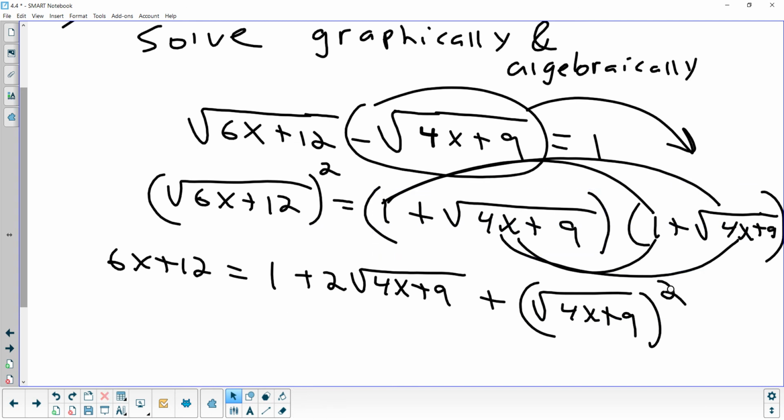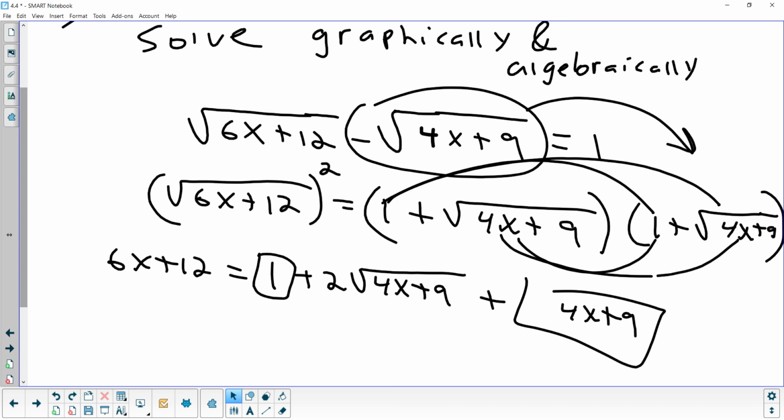So all you really have is that. The square root of 4x plus 9 times the square root of 4x plus 9 is 4x plus 9. Most people get these two, but they forget about the O and the I part of the FOIL, the outer and the inner. They forget to do those.